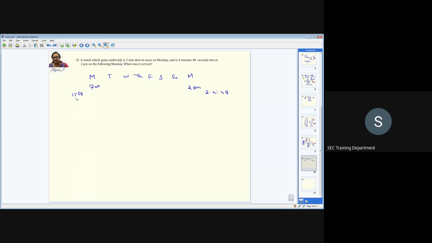Losing clock or gaining clock? Lagging, ma'am. It's gaining, because when it is showing 11:58 here, if it is lagging, that means it has to show much less than this 2 p.m., right?